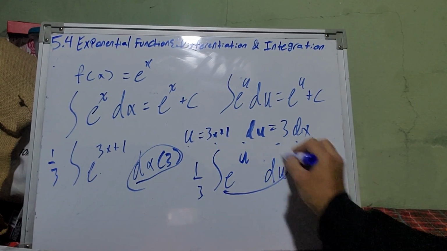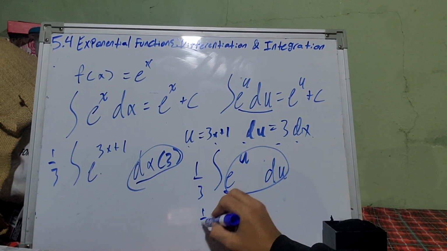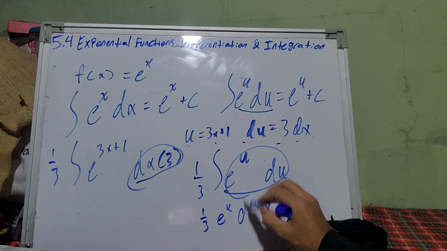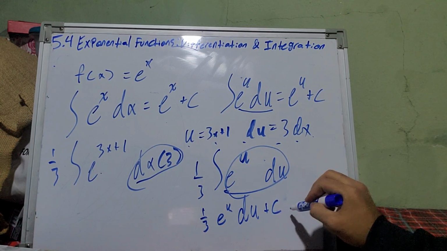Now that we're presented with e to the u du, we can write it as one third e to the u du, and the final integral is e to the u plus c.